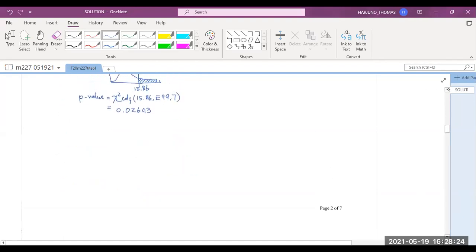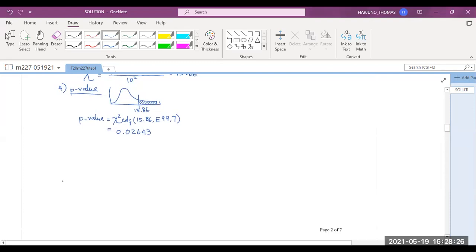Therefore, let me do step 5 first. So, informal conclusion. Reject null hypothesis. Step 6, conclusion.